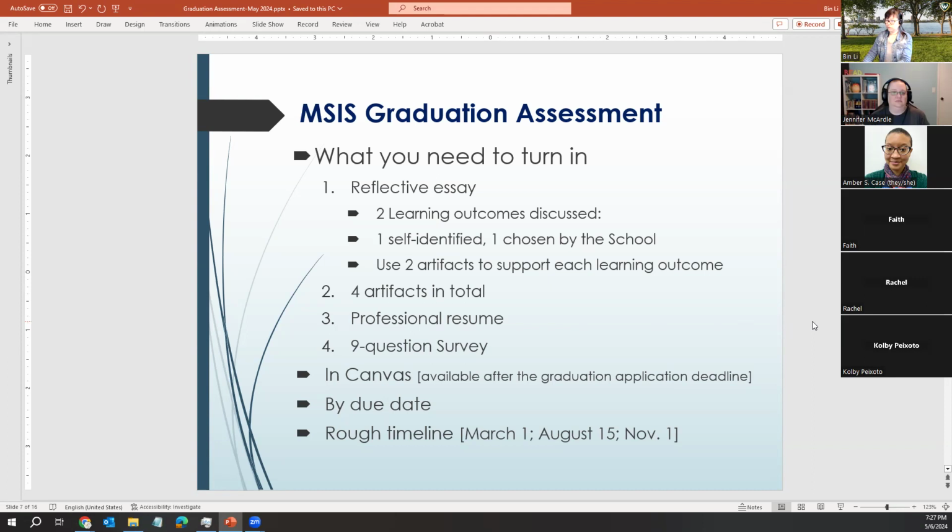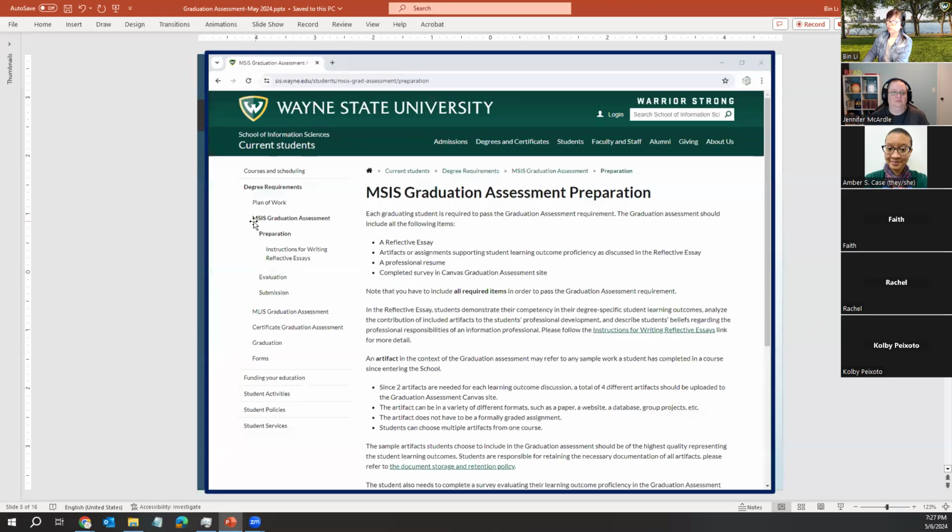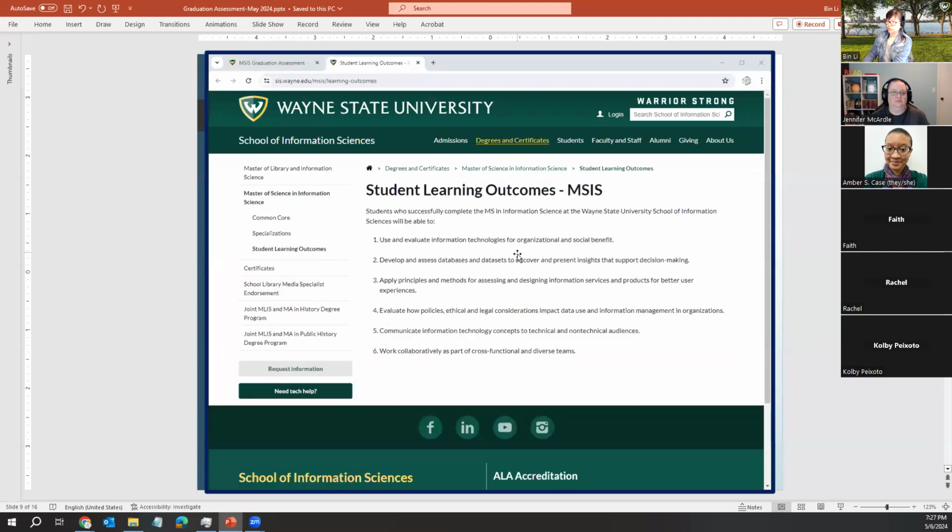And then the survey questions. As I mentioned, we have the MSIS assessment site with 4 pages below, and everything you need to know is there. And those are the learning outcomes. I think the school chose number 2, so you have to talk about number 2, using 2 artifacts to support this.